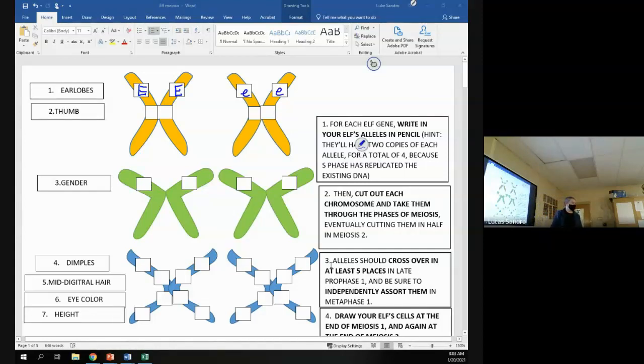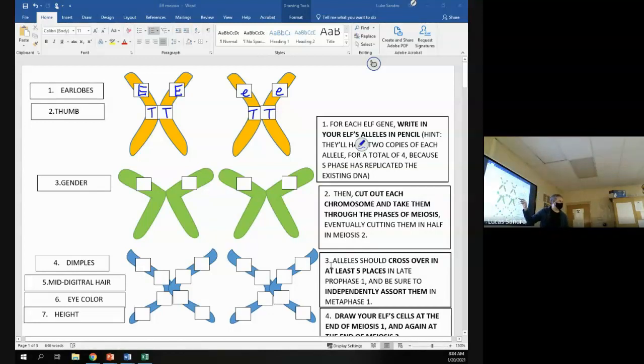Let's say you were homozygous dominant for thumbs. What's the letter for thumbs? T. So if you were homozygous dominant, of course, it would be all big T's. All right. For gender, it's different, right?